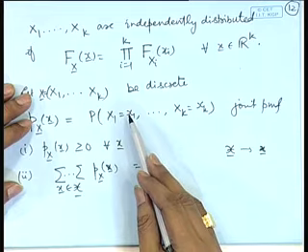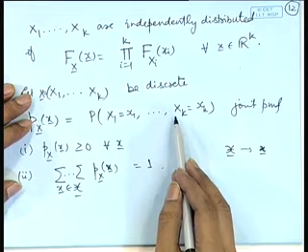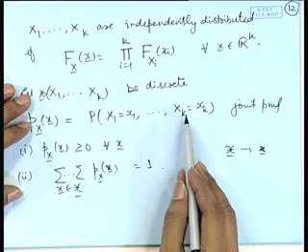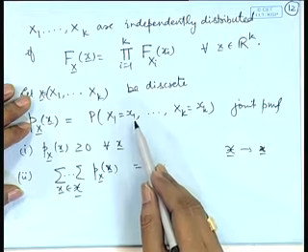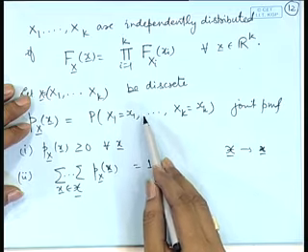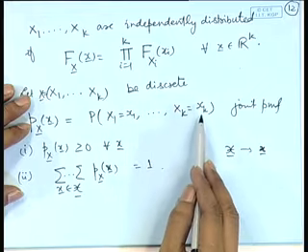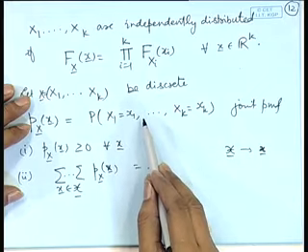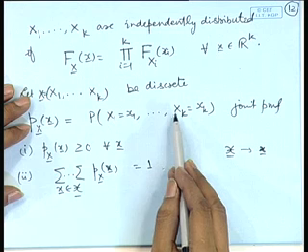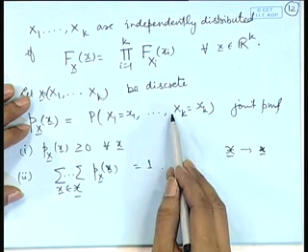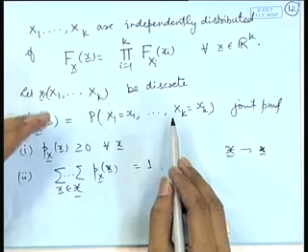The marginal distribution of any subset of x1, x2, ..., xk can be obtained by summing over the remaining variables. For example, if we want the marginal distribution of x1, then we will sum the joint PMF over x2, x3 up to xk. Suppose we want the marginal PMF of say x_{k-1} and xk, then we will sum over the variables x1, x2, ..., x_{k-2}. Likewise, we can define the conditional probability mass functions of any subset of x1, x2, ..., xk given any other subset.